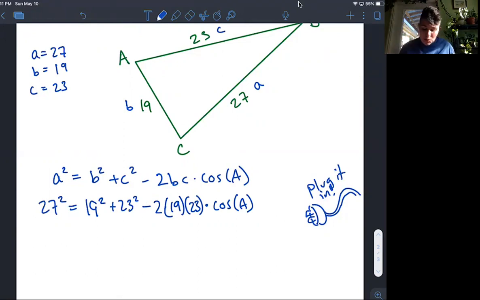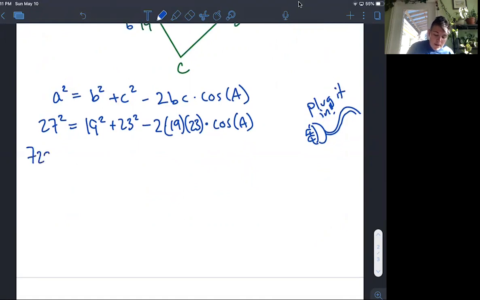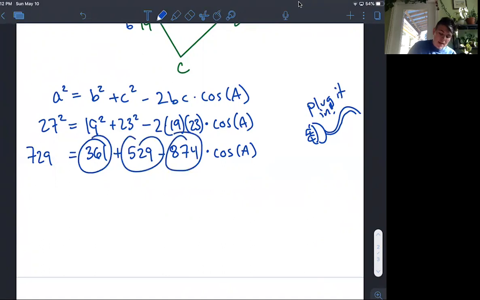All right, let's do some math, y'all. This is going to be a little tricky because what we need to do is isolate that cosine of A, and then we'll do the inverse cosine to get the angle. So here we go. 27 squared is 729. 19 squared is 361. 23 squared is 529. 2 times 19 times 23 is 874 times the cosine of A. I need to get the cosine of A by itself, so I need to move the other terms all over to the other side.